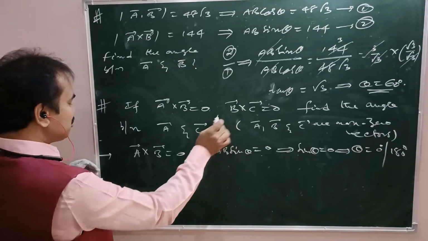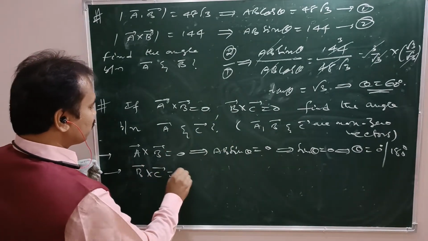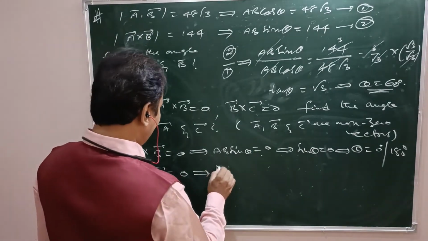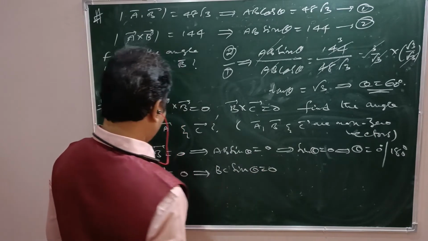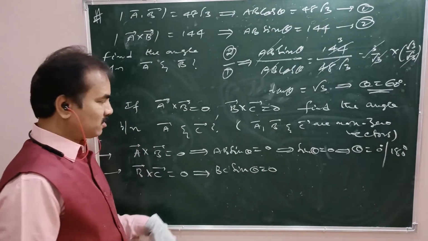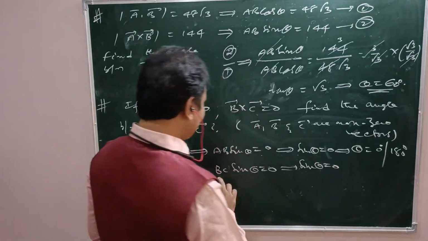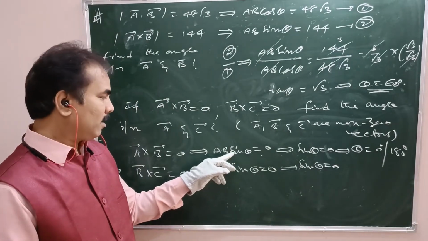Now coming to second step, that is B cross C. B cross C also 0 implies that take modulus, BC sin theta equal to 0. If I take modulus, again sin theta must be equal to 0. Why? Because B and C are not equal to 0. Here A and B also not equal to 0.